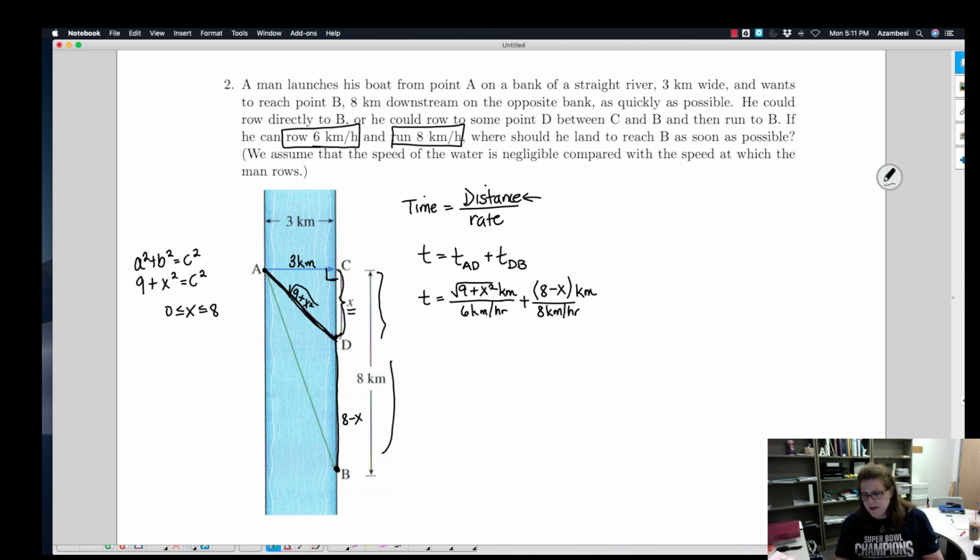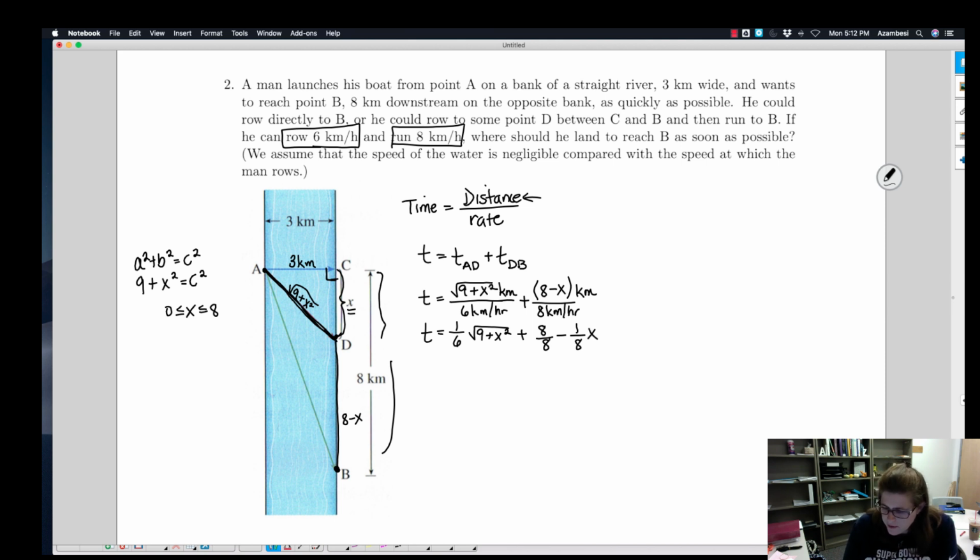All right, if we simplify this a little bit, because right now it looks a little intimidating to take a derivative of, I would probably write it as 1/6 times the square root of 9 plus x squared, plus, I can divide 8 into both of these things, so we have 8 over 8, which gives me 1, minus 1/8 times x.